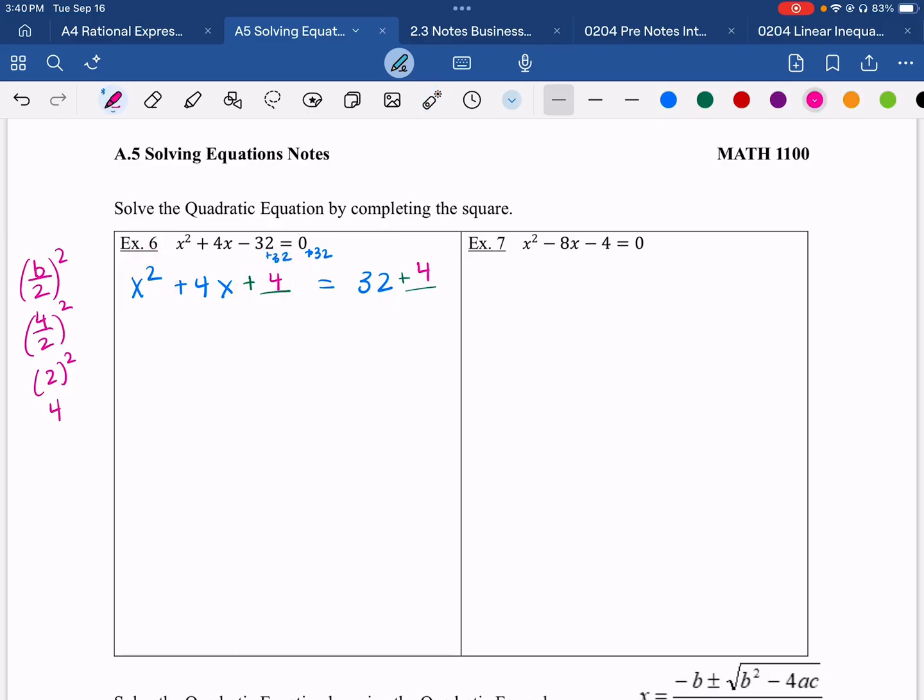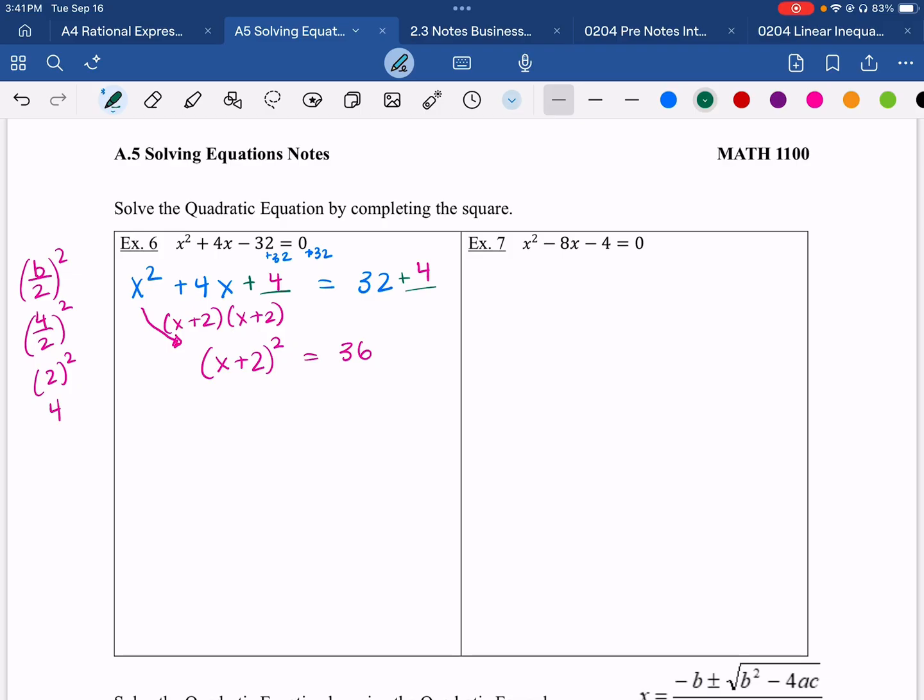This factors. What two numbers multiply to give you 4 and add to give you 4? It factors to an x plus 2 times an x plus 2, which we write as x plus 2 quantity squared, which means x plus 2 is in parentheses and then squared. We want to be able to go right from that step to that step if possible. 32 plus 4 is 36.